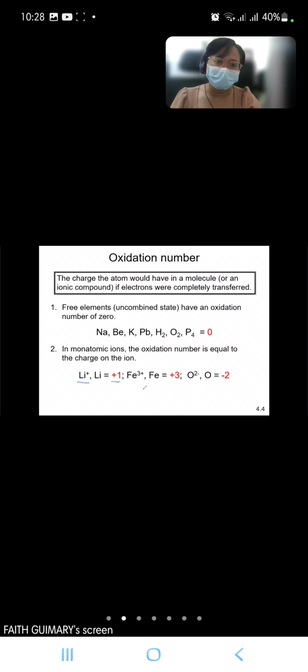For iron 3 ion, its oxidation number is +3. For O -2, the charge of oxygen here is -2. Wait, this is not a superoxide. This is oxide, not superoxide. It is an oxide, so its charge is -2, and its oxidation number is also -2.